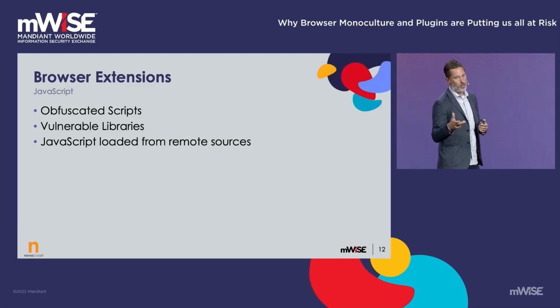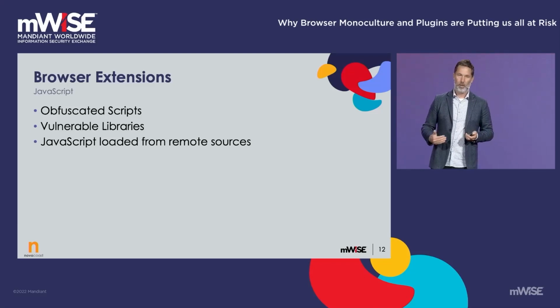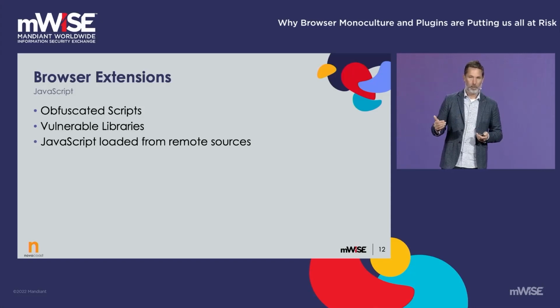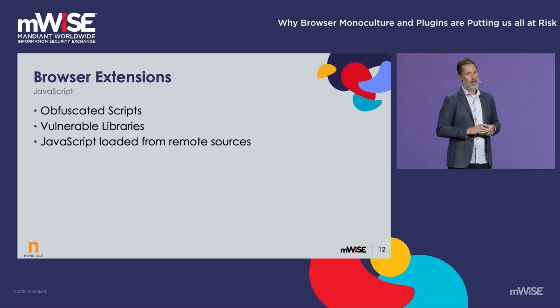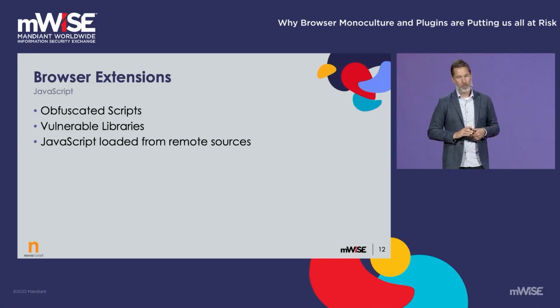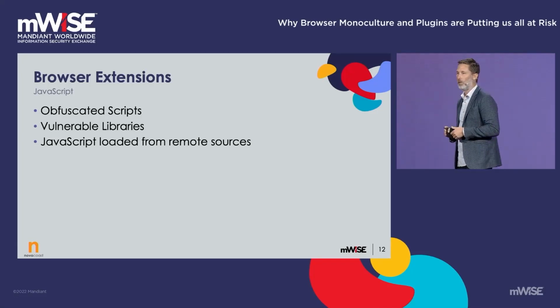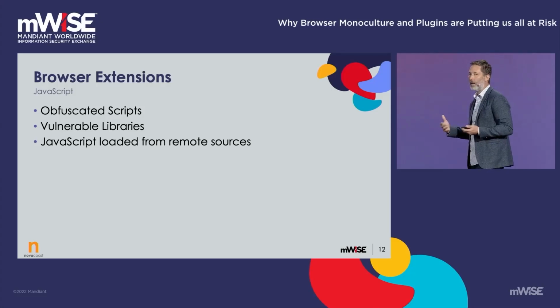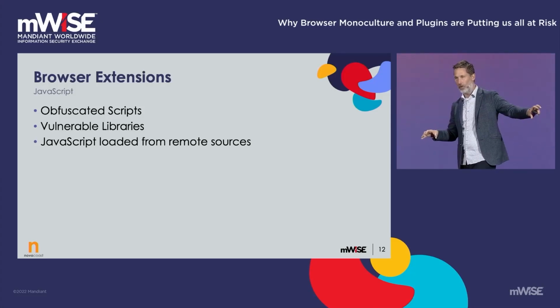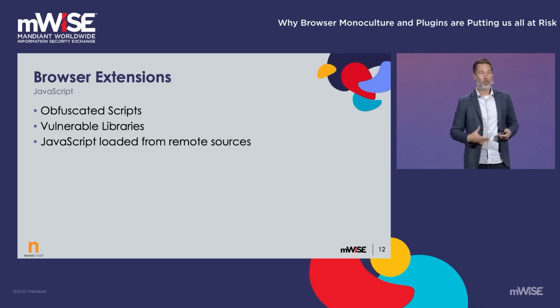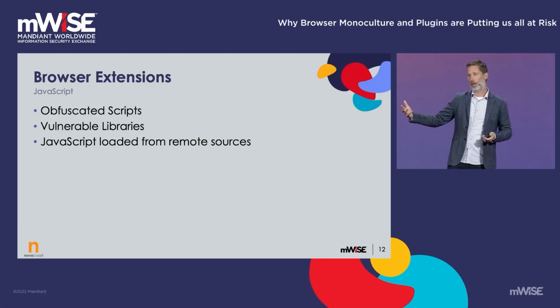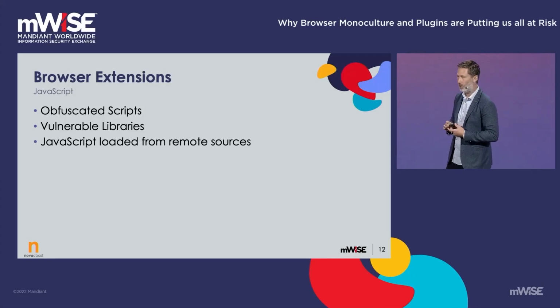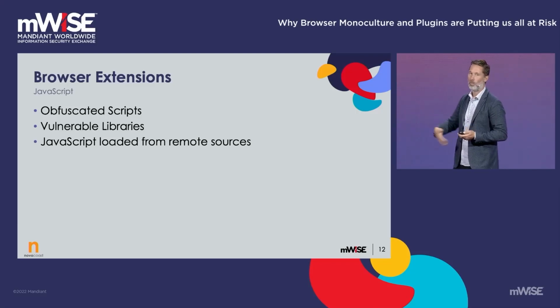So when we start to look at the browser extensions, JavaScript is not great, right? There are some problems in there. It takes a lot to dig into it and look at it. And then third, JavaScript can be loaded from remote sources in your browser extension. So if you're kind of a lazy developer and you didn't quite finish that function to run on-prem in your browser extension, or you really wanted to hide what's going on, you just make remote calls to your JavaScript after the fact, and you can update the targets, you can do bad things, you can change your running code.